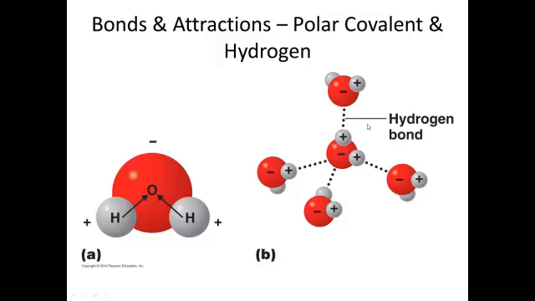Don't get confused between the covalent bond, the nonpolar covalent bond between 2 hydrogens in gaseous hydrogen, and the hydrogen bond between molecules. Now, hydrogen bonds can form between any molecules where there is a hydrogen bonded to an oxygen or a hydrogen bonded to a nitrogen. Those are the ones that you need to worry about for this class.